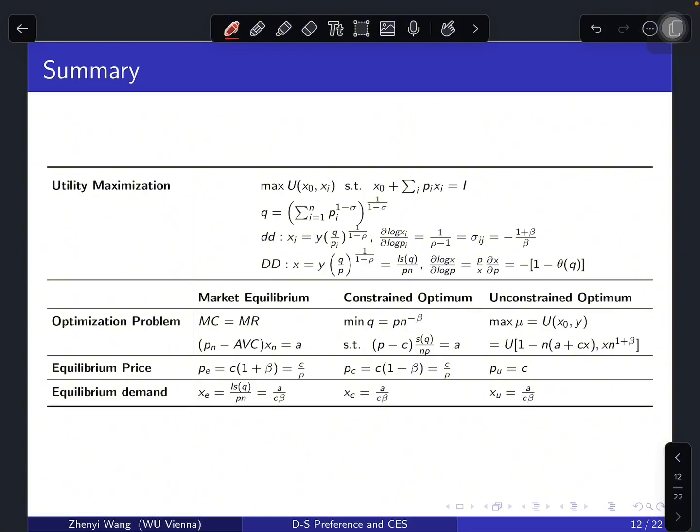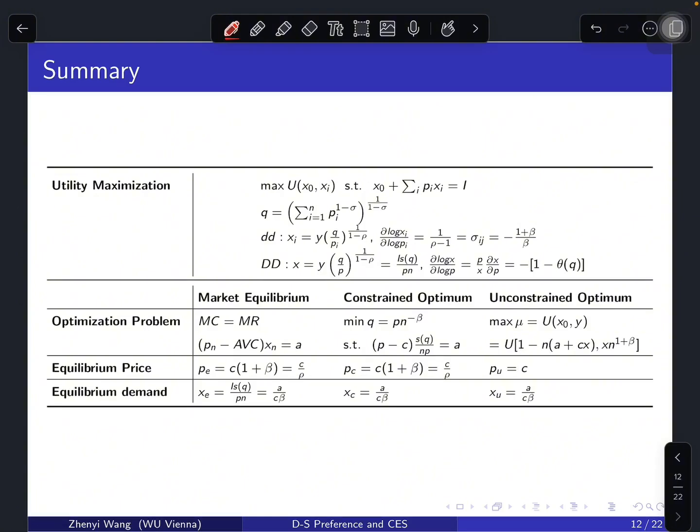And under the unconstrained optimum, there are no practical limits for fixed cost and for entry and exit decisions. The only constraint is the economic resource constraint, and we could find that the price level under the unconstrained optimum is the lowest of these three scenarios.